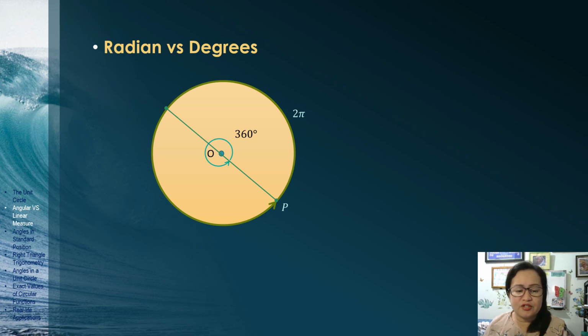Remember that in a unit circle, we have r equal to 1. Recall also that the circumference of a circle is equal to 2 pi r. If the radius is equal to 1, we substitute 1 to r.